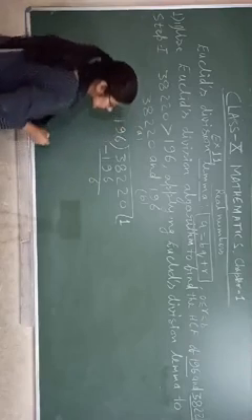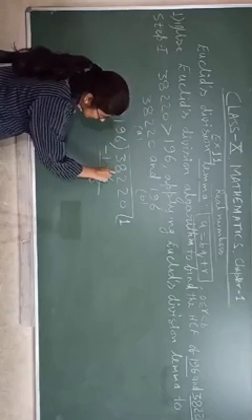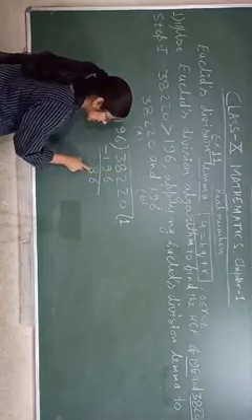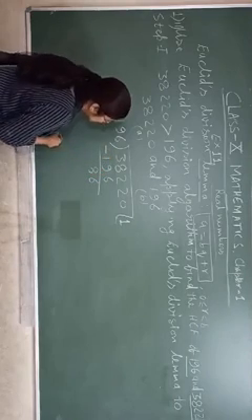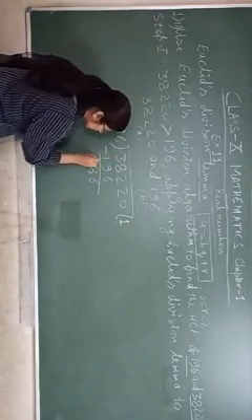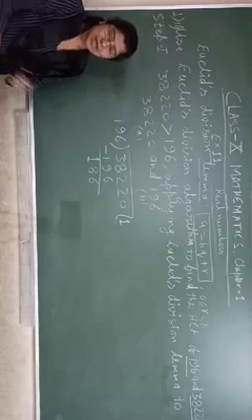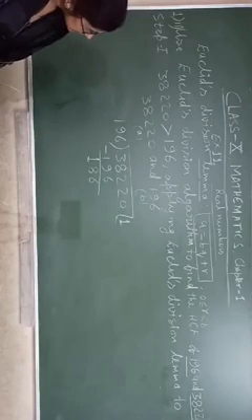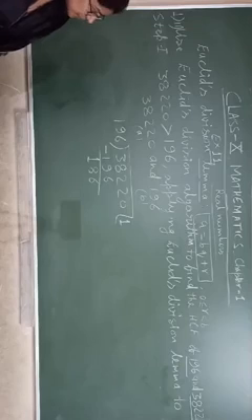Subtraction we will do: 6 here and 8 here, 17 minus 9 is 8, and here 2 minus 1 is 1. So what is left? 186.